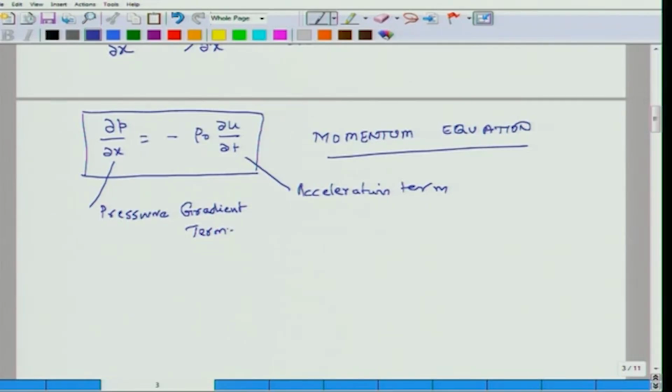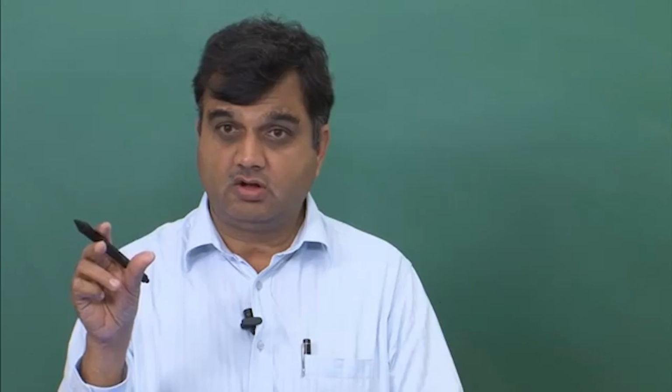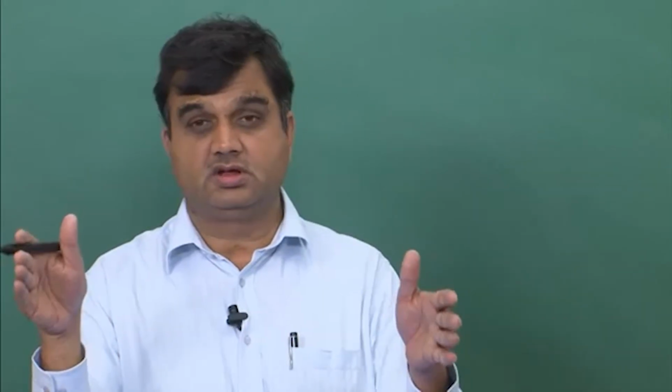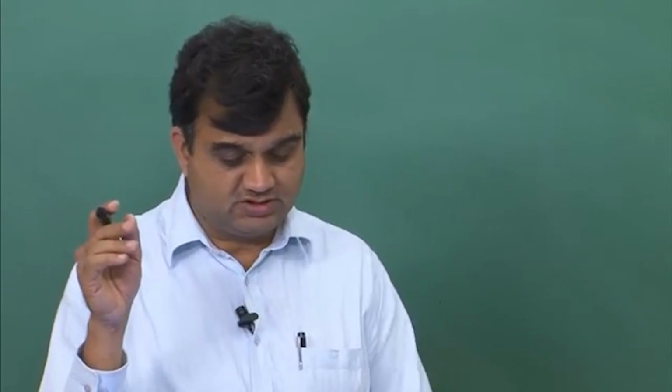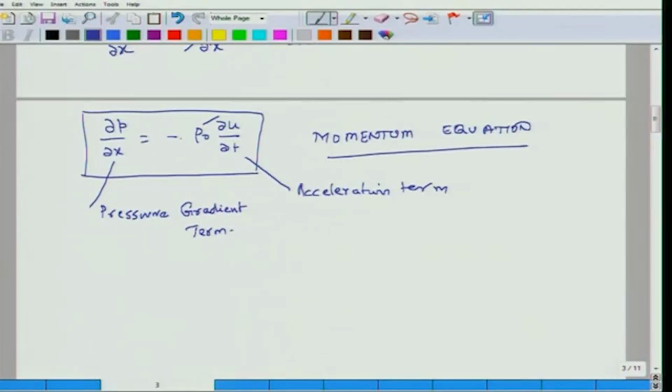So essentially what this equation tells us is that the acceleration of a fluid particle directly depends on the gradient of the pressure across the small fluid particle. That's what it means. And of course, there is a constant factor which is the density.